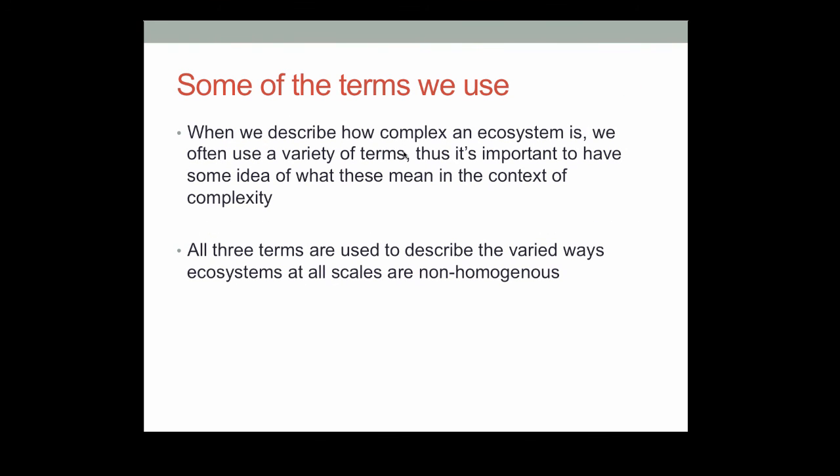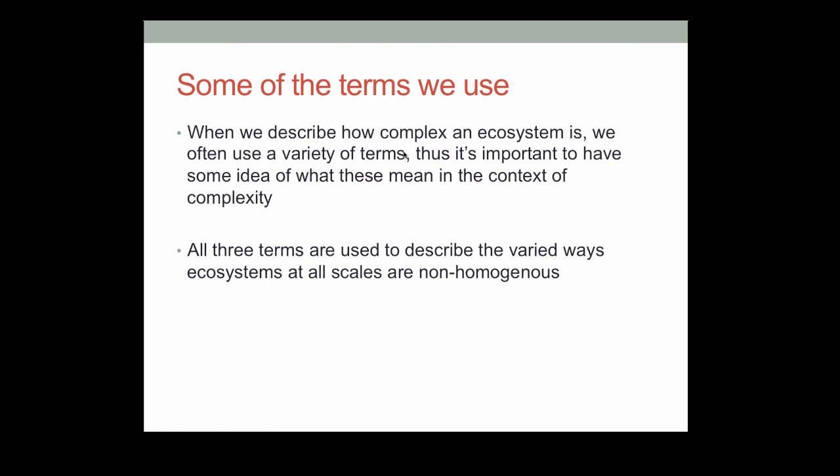So there are a variety of terms that we use when we think about complexity, and you'll run into these over your career and through the readings as far as how we describe the complexity of an ecosystem. And I think it's really important that we have some idea of what these mean in the context of complexity and complexity science.